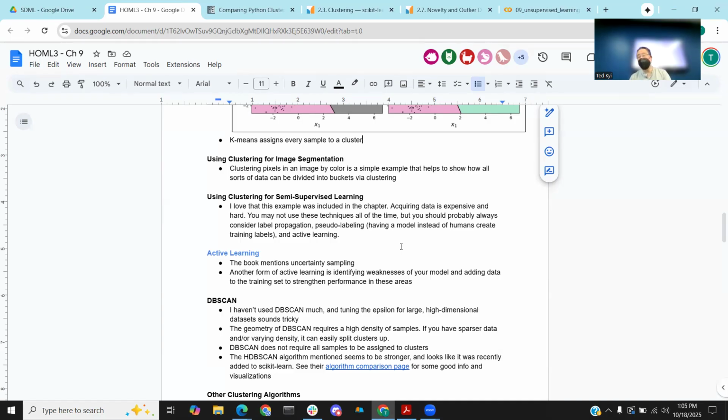But another way to do it is, for example, at work we do a lot of work with images, and I might have a model that's designed to find people, and I might find that this model seems to think a lot of dogs with curly hair are people. So in terms of active learning, I can go find more sample images of dogs with curly hair, label them as not people, and add them to my training set.